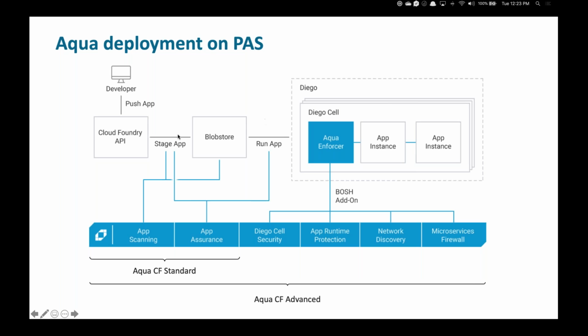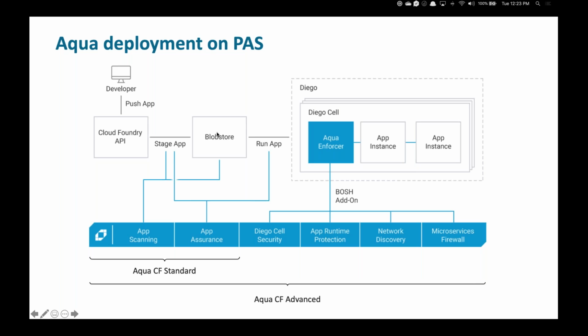So again, making sure that we can protect that entire application. And to talk a little bit about where we actually scan from a point of view: you'll see here the developer does an application push to the Cloud Foundry API. Right here, Aqua is going to determine the application assurance. Is it compliant or non-compliant with our security policies? If it is, it moves on and pushes it into the blob store, which is basically an application repository.